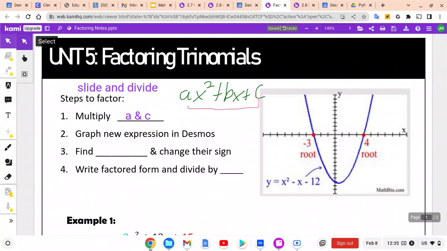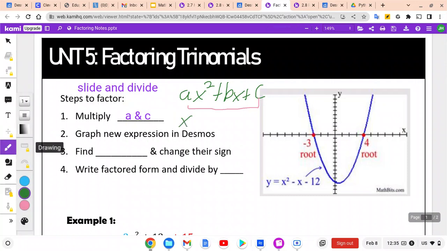All right. This will give you a new equation of x squared plus bx plus ac. All right. There's no more a in front of the x squared. It's been multiplied with the c at the end of the expression.